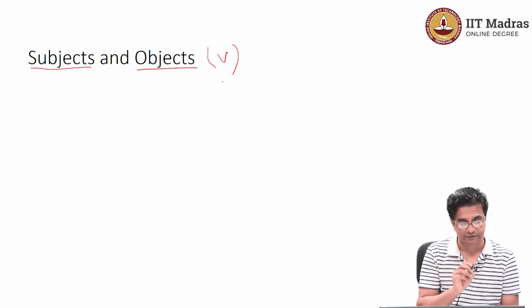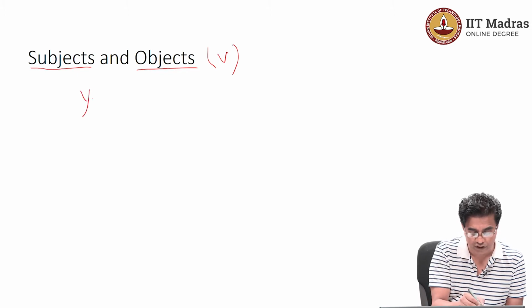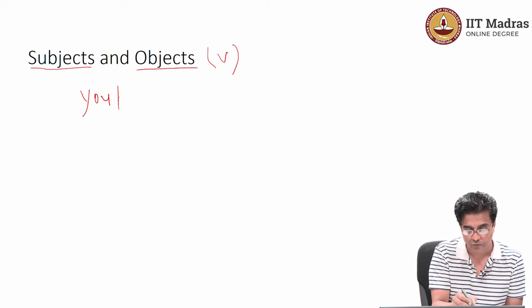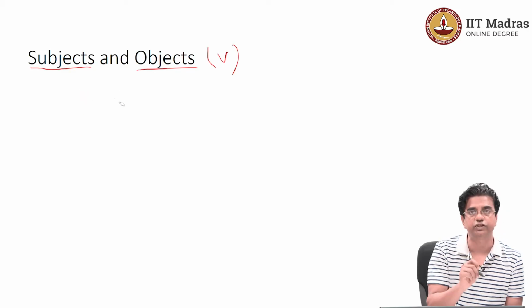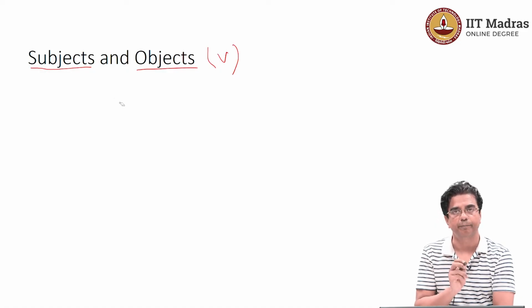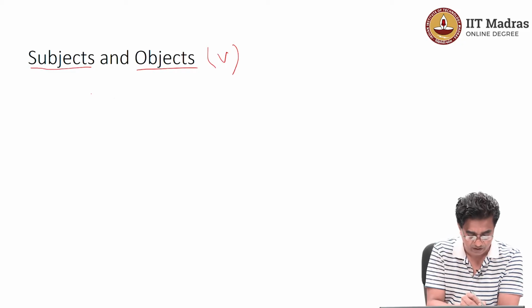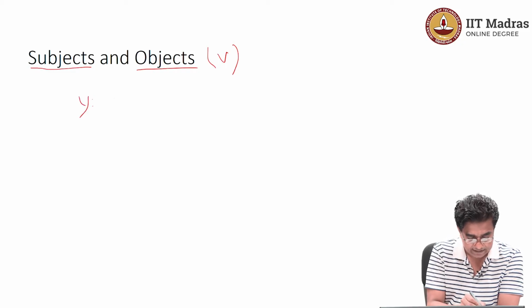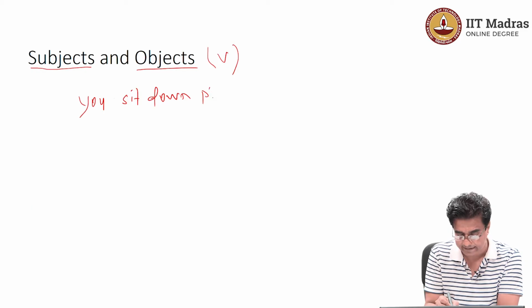Sometimes we don't need to articulate a subject. Such sentences are called imperative sentences. Like when we say, sit down, please.